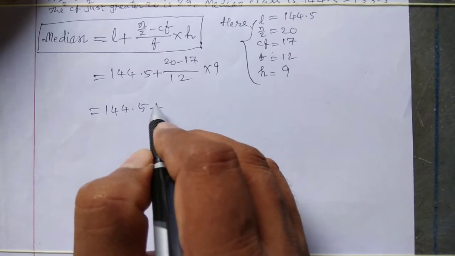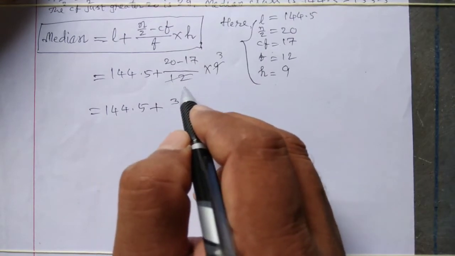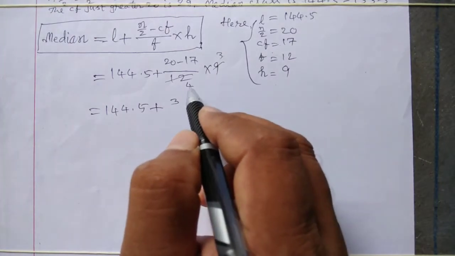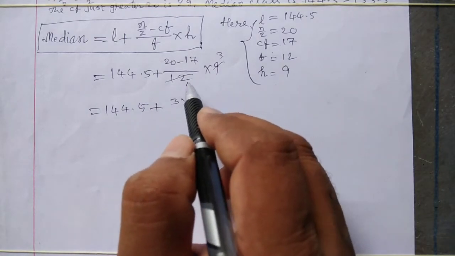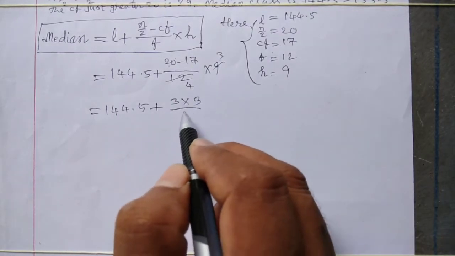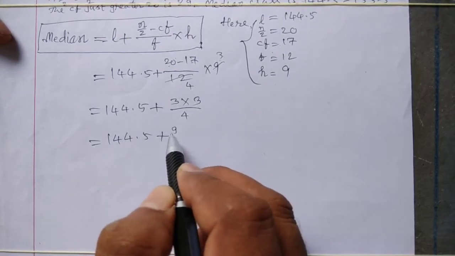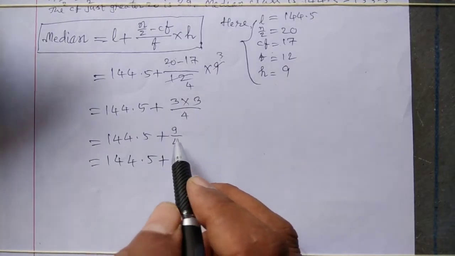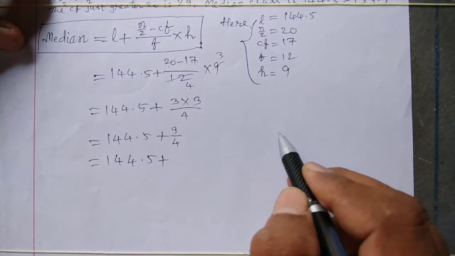That is 144.5 plus, 3 threes are 3 fourths, 3 into 9... here 20 minus 17 is 3, 3 into 9 by 12, that is 3 by 4 of 9, so 144.5 plus 9 by 4.